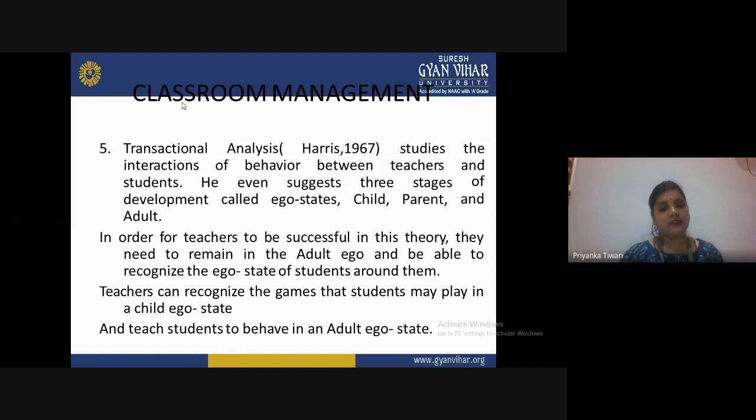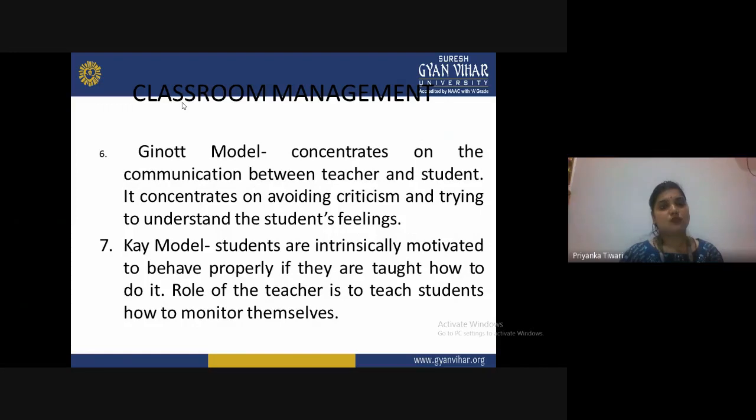Teachers can recognize the games that students may play in a child ego state and teach students to behave in an adult ego state. Next, the model concentrates on the communication between teacher and student, avoiding criticism and trying to understand the students' feelings.